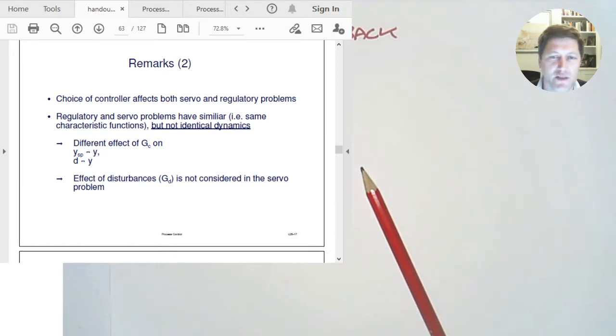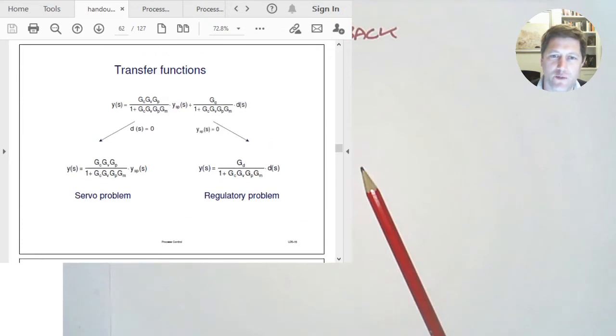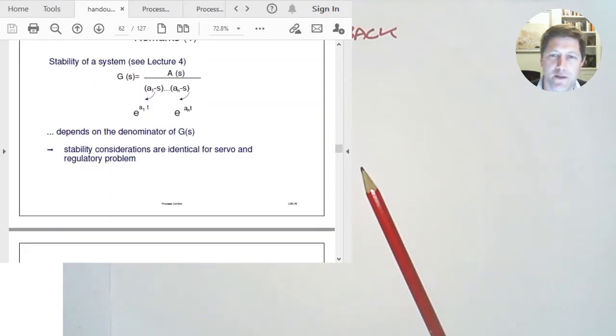Stability wise they have the same behavior, but they do have different dynamics behaviors. In particular, we see that the effect of the control transfer function GC is going to be different. So if we look back at the functions here we have a GC on the numerator and here we don't have a GC. So this is going to have quite different transient behavior than the regulatory problem.